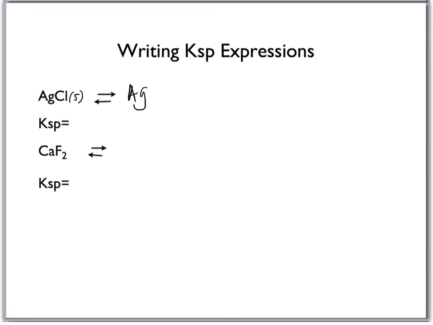So we would have Ag plus and Cl negative. The KSP would just be the product of the concentration of the ions, raised to the power of the coefficient, but in this case there are no coefficients. So the KSP equals the concentration of silver times the concentration of chloride ion.